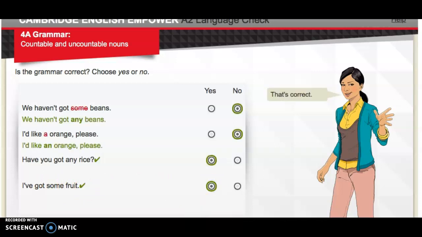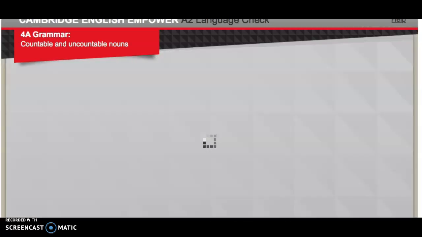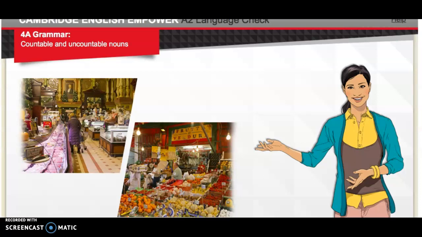We say, we haven't got any beans, and I'd like an orange, please. That's it. Well done.